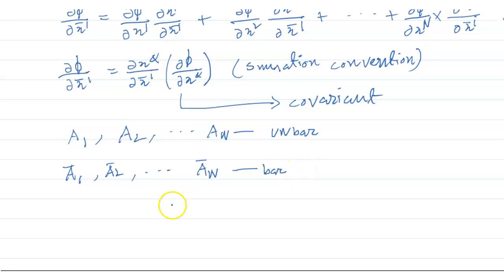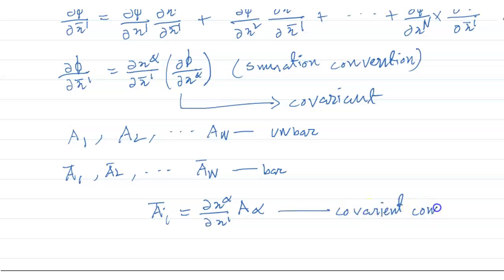So friends, how can I write? I can write this representation: A bar i is equal to del x to the power alpha divided by del x bar to the power i into A alpha. This is the covariant component.